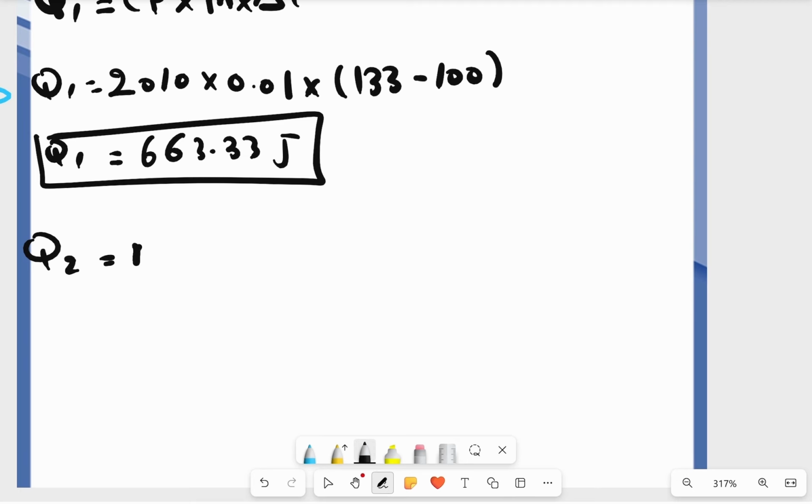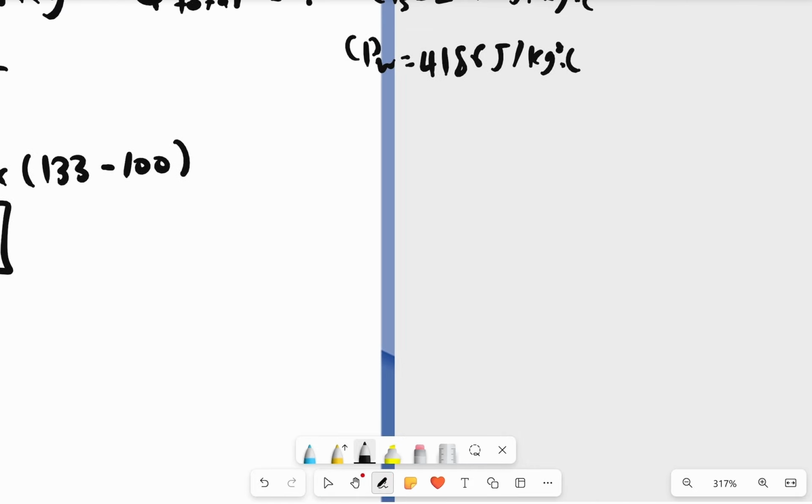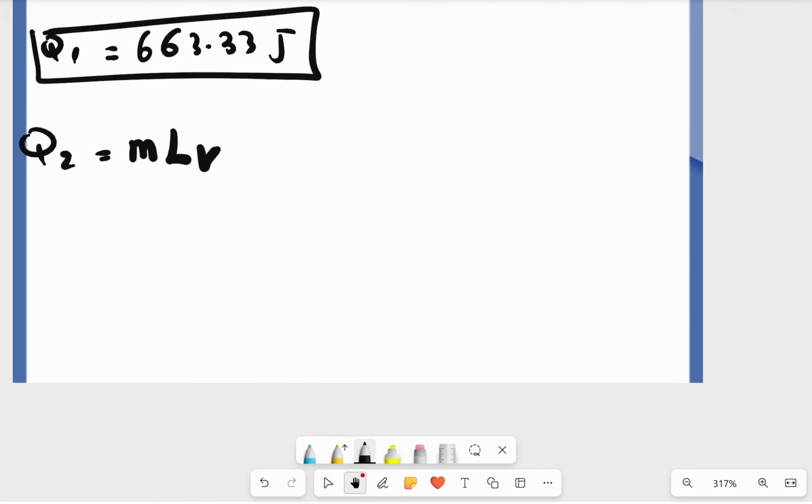So Q is M times L sub V. Now, what is the LV, which is the heat of vaporization? You can refer to the table. It is equal to 2.26 times 10 to the power of 6 joule per kilogram. And we had mass.